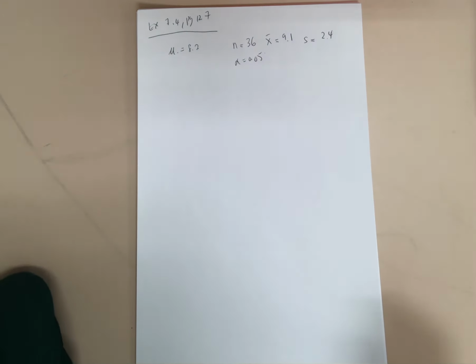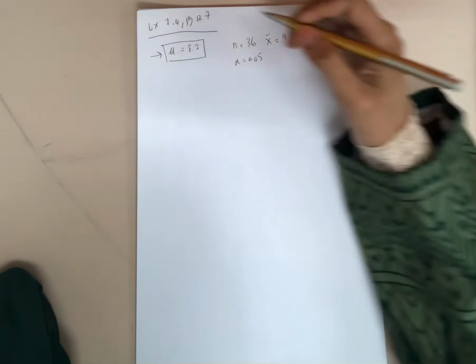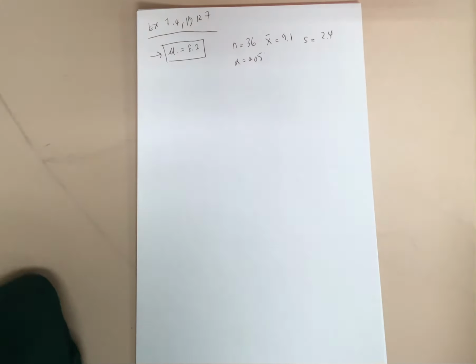So actually, class, just now at first I wrote the mean is equal to 8.2. But when you read the last sentence, at alpha 0.05, does this prove that the mean size is indeed larger?